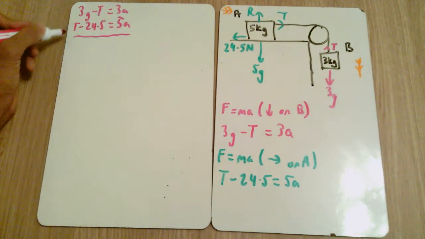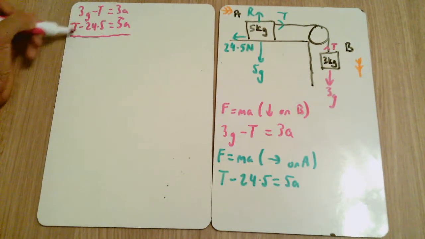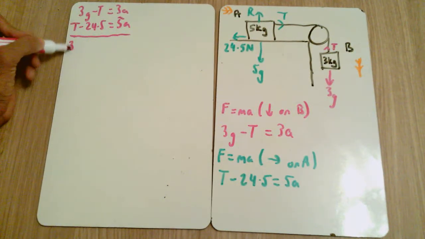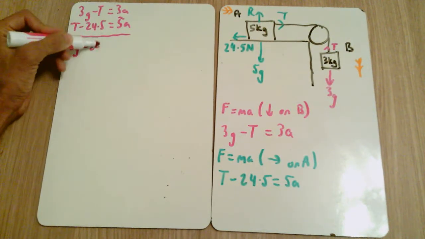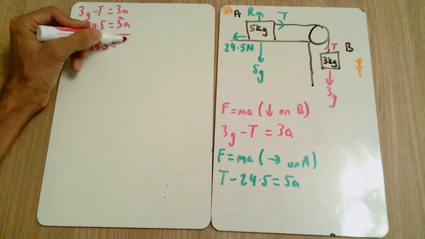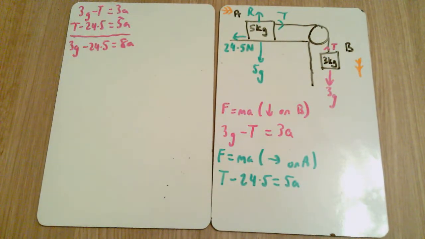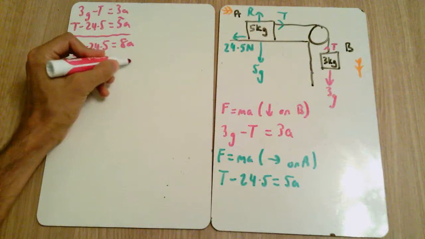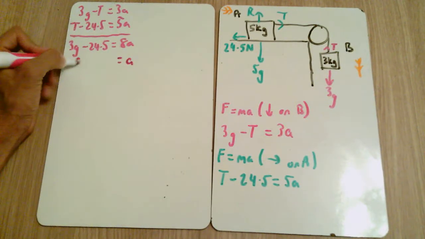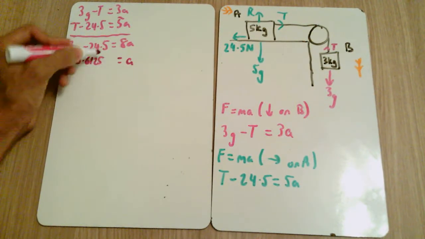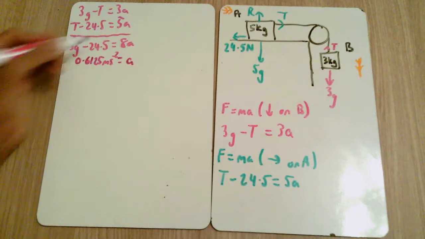We can add those two equations together, meaning those T's will cancel out, giving us 3g minus 24.5 is equal to 8a. If we work this out, 3 times 9.8 minus 24.5 and then divided by 8 gives us an acceleration equal to 0.6125 meters per second squared.